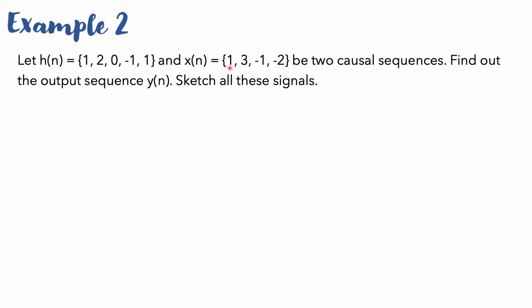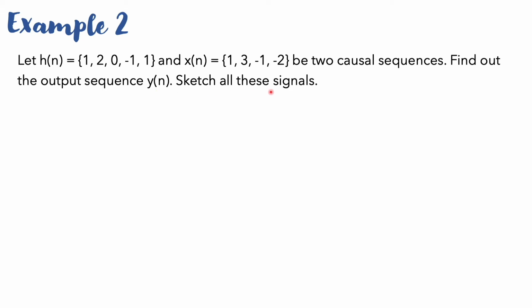The first sample is at 0, 1, 2 and 3, and 0, 1, 2, 3 and 4. So h[n] represents the impulse response and x[n] represents the input of a system, and both of them are causal sequences. Find out the output sequence y[n] and then sketch all of these signals.